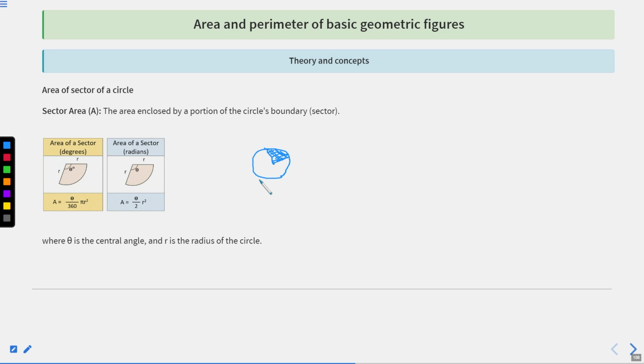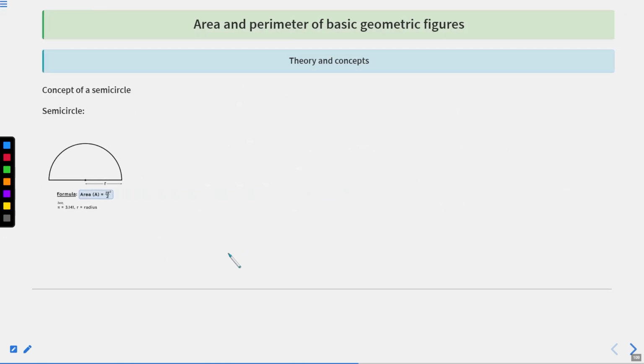That's a slice of a pizza, and we are interested in finding the area of that slice. It will make some angle theta, and this is radius r, this is radius r. So the area in terms of degrees of this sector will be given by theta upon 360 into pi r square. And in terms of radians, the area will be given by theta by 2 into r square, where theta is the central angle and r is the radius of the circle.